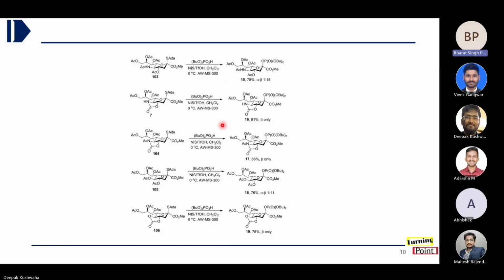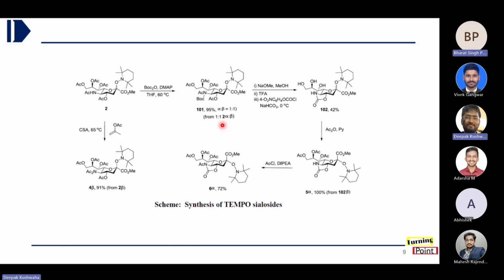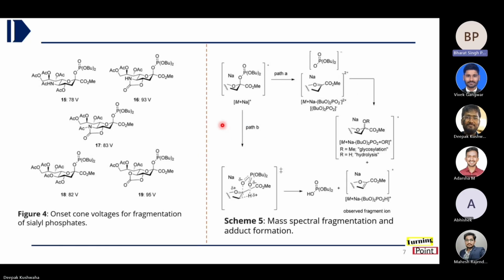So one more thing, just this last question. In the phosphate donor, consider this 19 and the 18 and 19. Now the C5 is carrying the oxygen. So what is it? Is it sialic acid only, or a derivative of it?